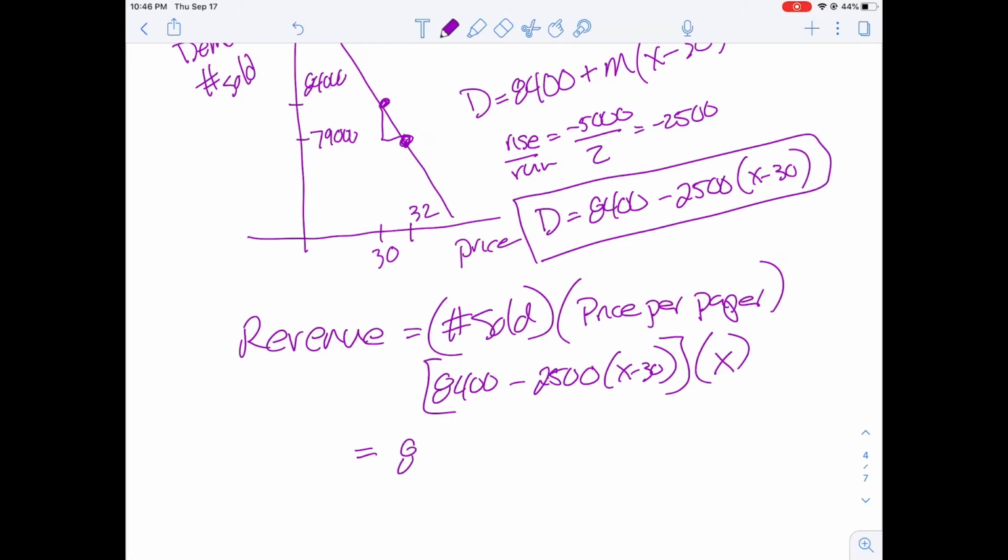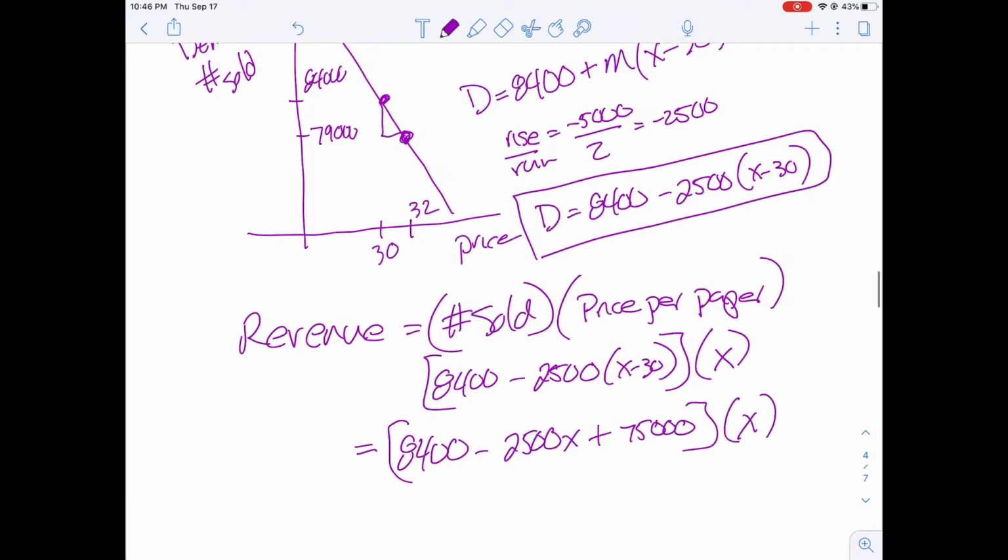So if we simplify that a little bit, we've got 84,000 minus 2,500x plus 30 times 2,500, which is 75,000, times x.